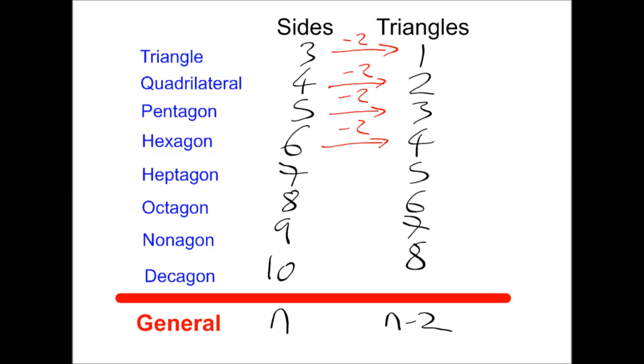Now that becomes very important, because we're going to use that fact to prove a general rule for finding the interior angles of any polygon. Remember, before we found the number of triangles, in this case n minus 2 in the general form, and then we know that there are 180 degrees in each of those triangles.